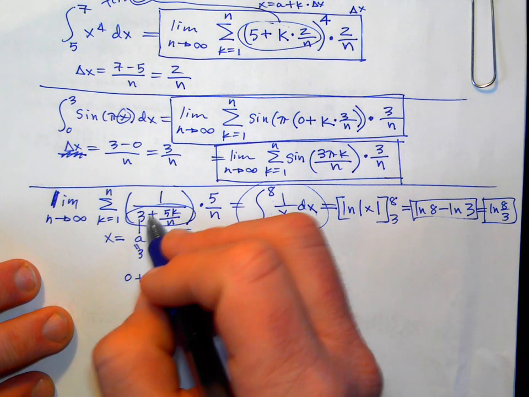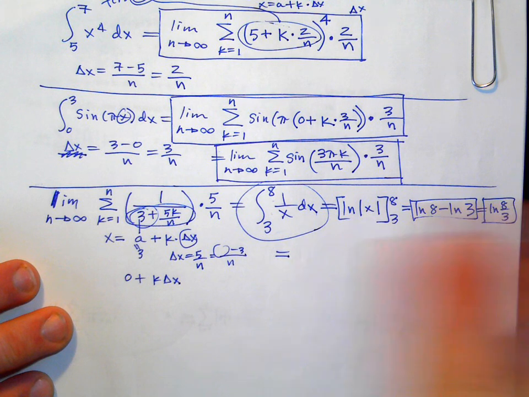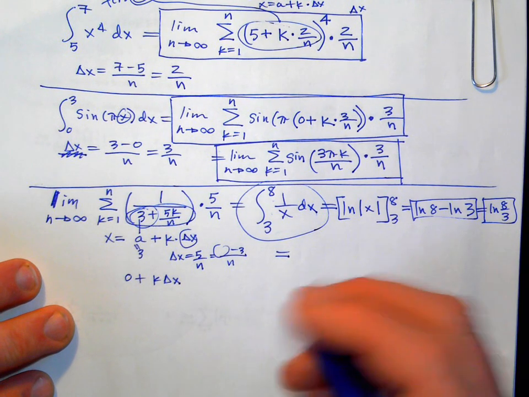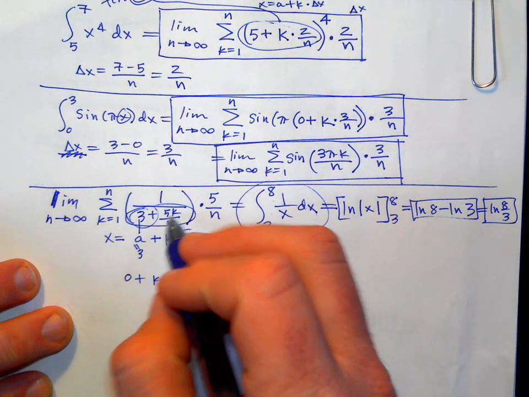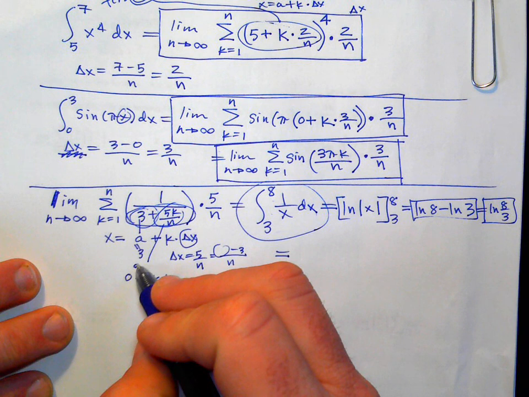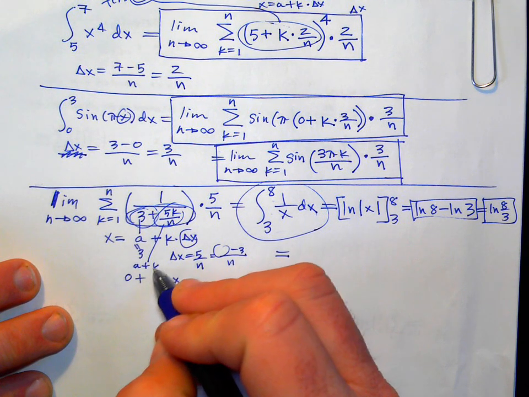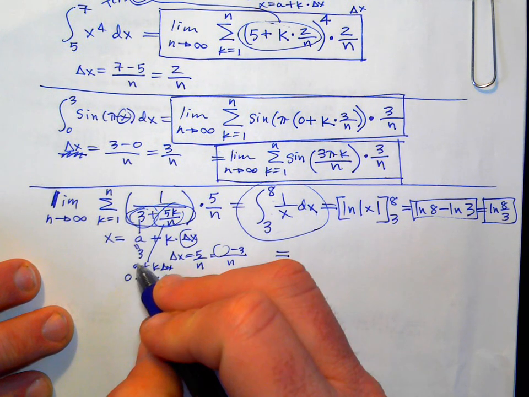And so we could say that the 3 plus is sort of separate, that it's just there, right? So we could just say that this right here represents the a plus k delta x, and we could say that a equals 0.